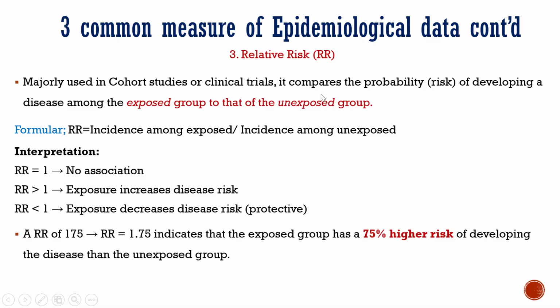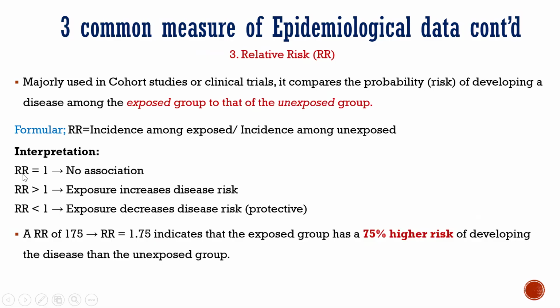So it compares the probability, that's the risk, of developing a disease among the exposed group to that of the unexposed group. It also has a formula: the relative risk is equal to the incidence among the exposed over the incidence among the unexposed.